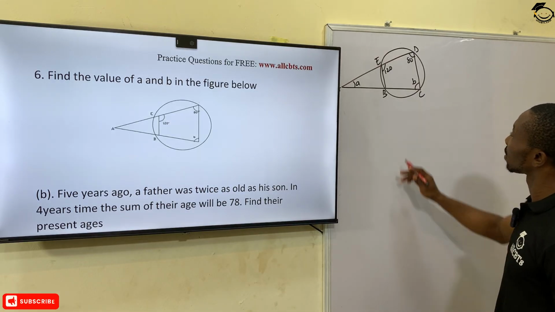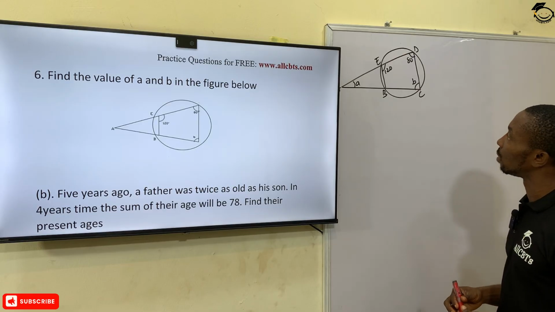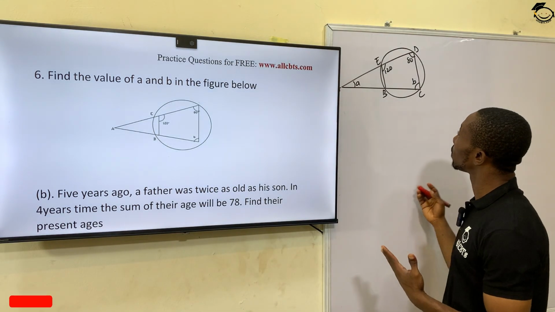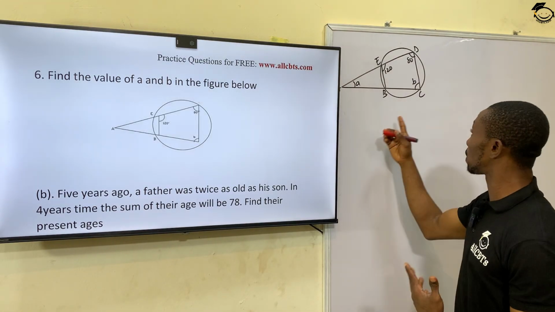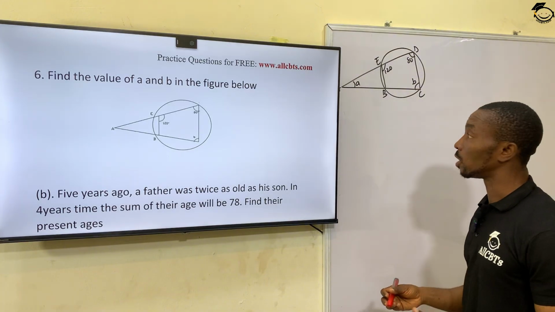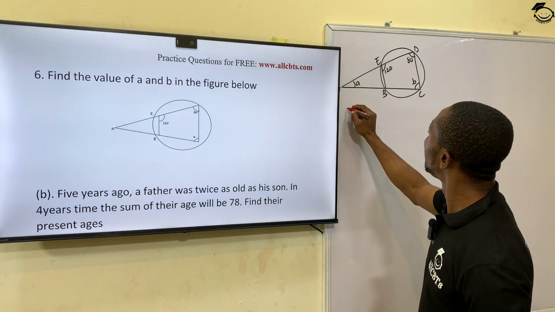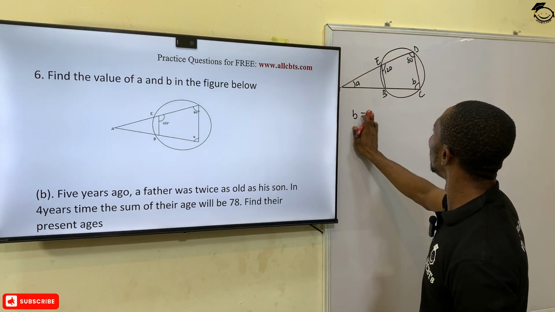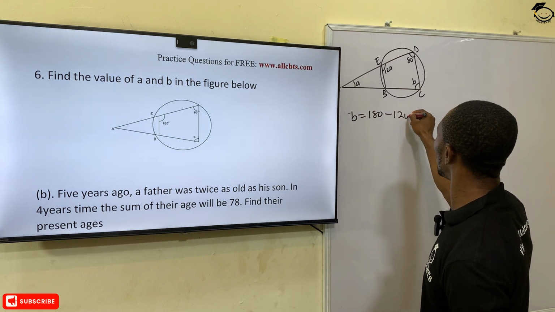Now we know that BCDE is a cyclic quadrilateral, all right. And we know in a cyclic quadrilateral that opposite angles are supplementary. That is to say, opposite angles sum up to 180 degrees. So angle B equals 180 minus 120.